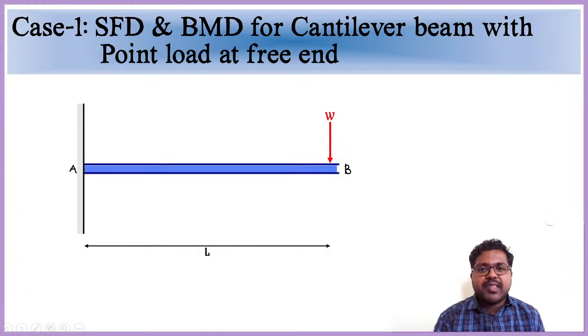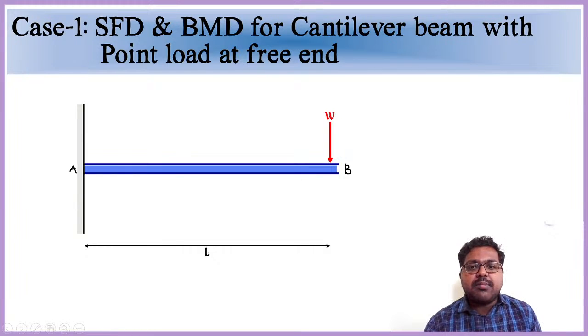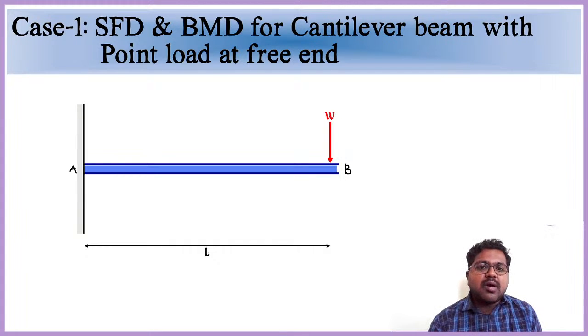So first, to maintain the equilibrium condition, as we already discussed in last class, while writing the system of forces for equilibrium equations, we need to take both external loadings as well as support reactions.